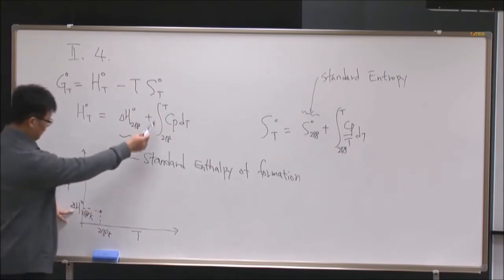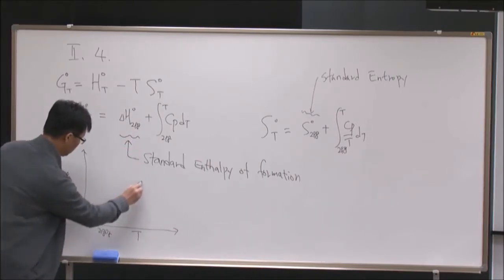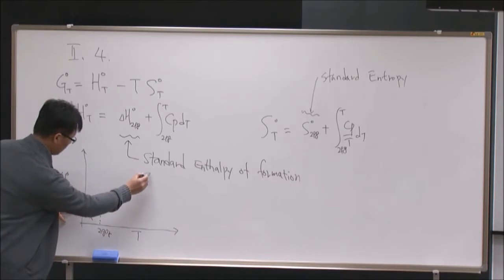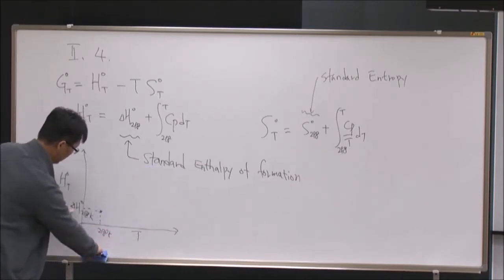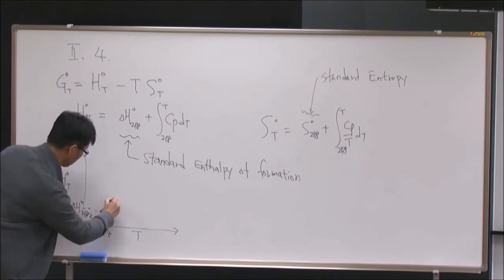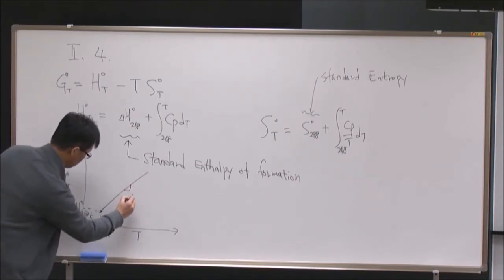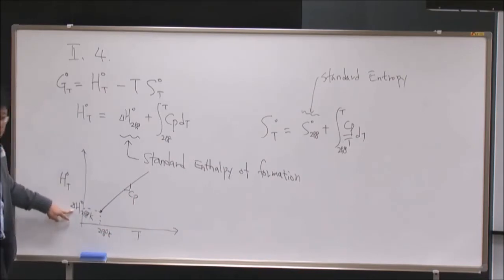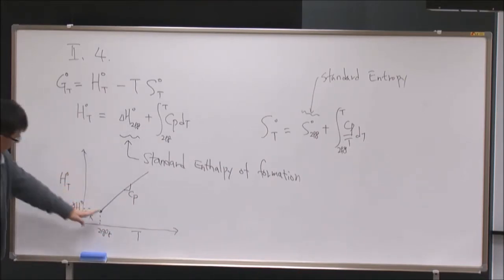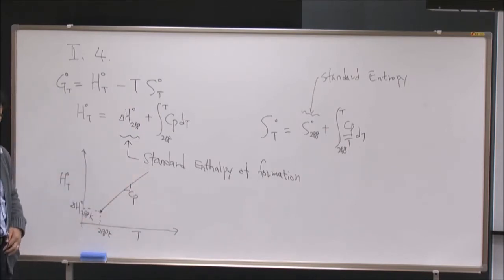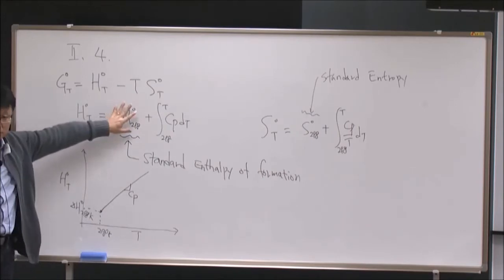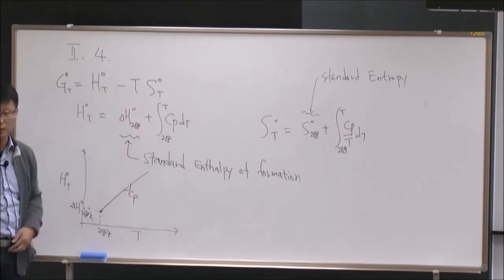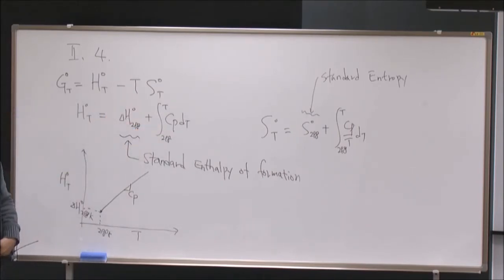And then if I make an integral, I'll have the integral value here. So this is the change of h, or strictly speaking, it may not be a straight line, so you can have something like this. And the slope of this curve is the heat capacity, because this is the h curve with temperature. If you take the derivative of the h curve with temperature, the constant is 0, and you get the heat capacity, basically. Is it okay?